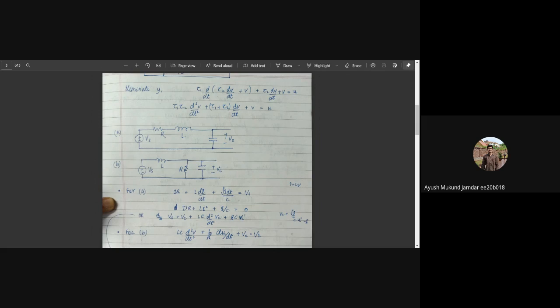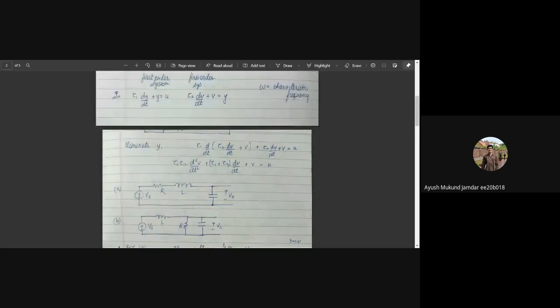This is the equation for the first case, and for the second case the equation is LC d2Vc by dt square plus L by R dVc by dt plus Vc equals Vs. So the only difference in these two equations is the first derivative coefficient, that is RC and L by R. They're different in these two cases.